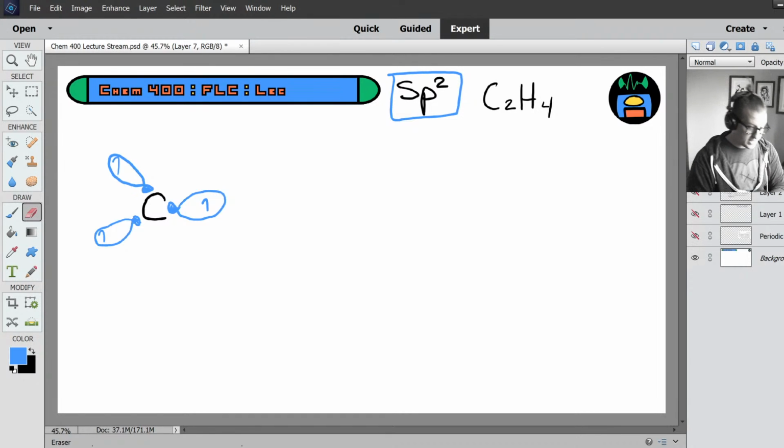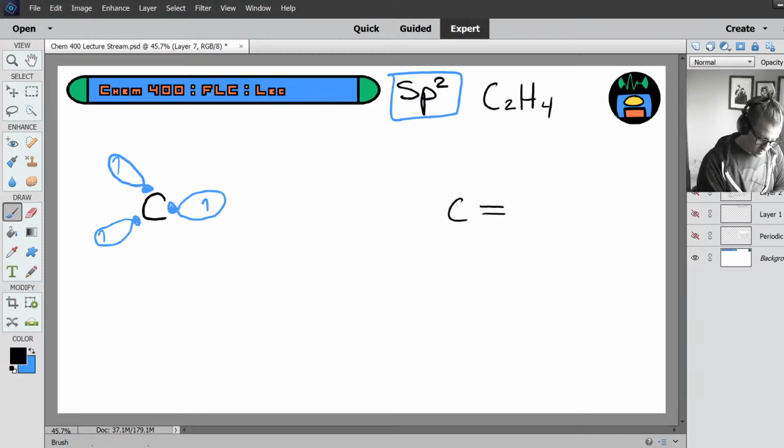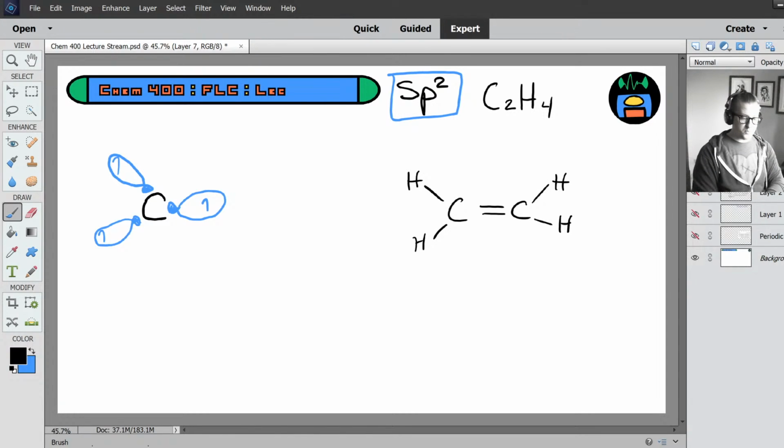All right, now when we look at the Lewis structure for this molecule, and again, let me bust that out right here, we have 2 single bonds to hydrogen.